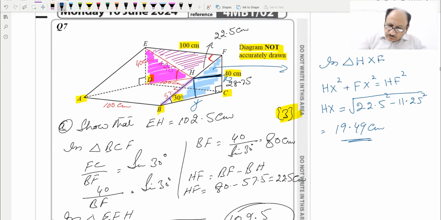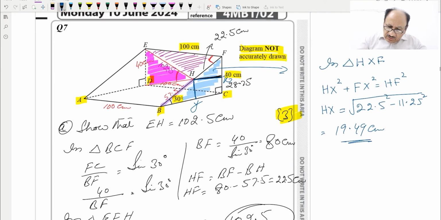Now we can consider another triangle, which is triangle DYH. We are finally finding the DH value.